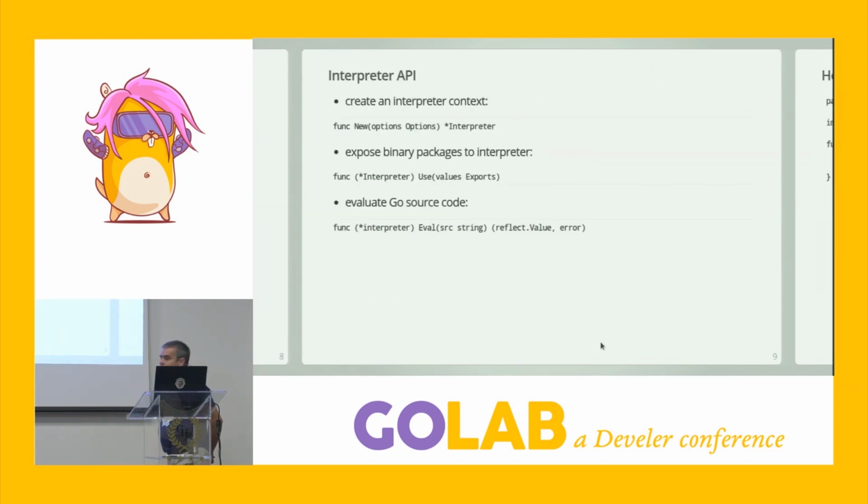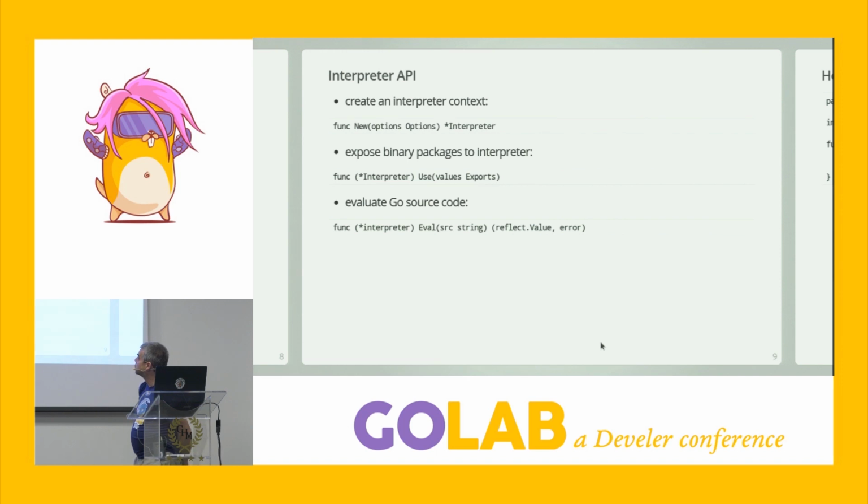If we look at the API, it's quite simple. We have only 3 main functions. The first one is New, which allows to create a new interpreter context. And you just provide some options to that.